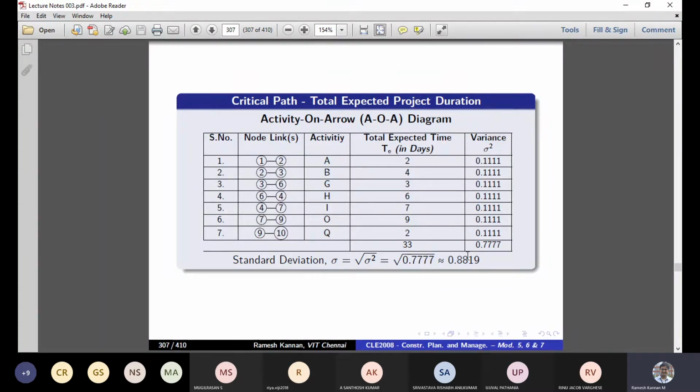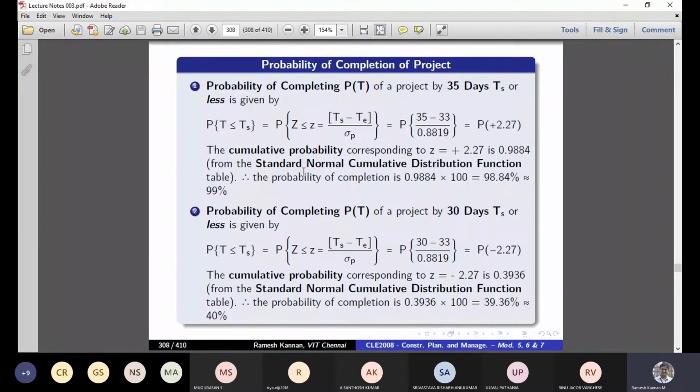Then what we generally do is find the probability of completion of a project in some X days. We'll see whether that is possible or not, or sometimes we need to know the percentage of completion. So this is the formula. T is the total duration or critical path duration, which should be less than or equal to Ts, the expected duration.